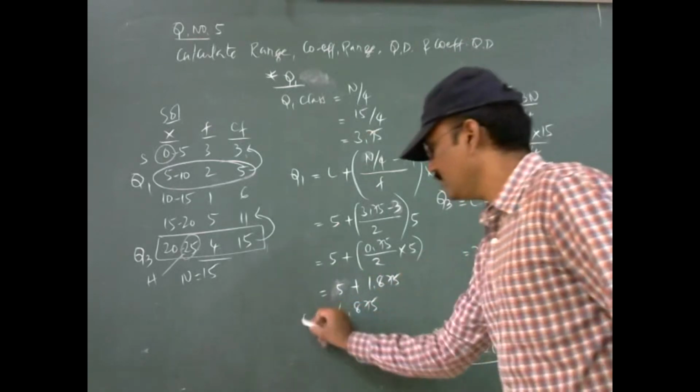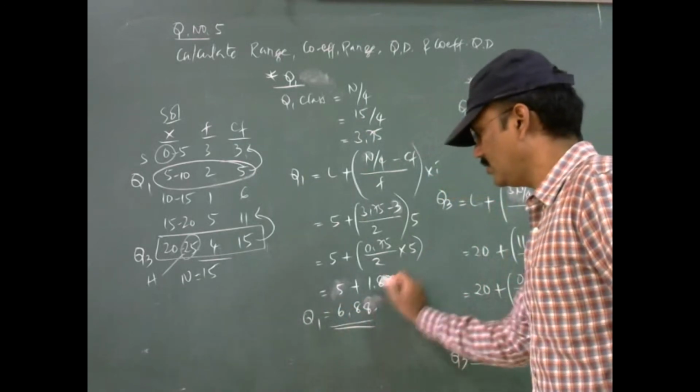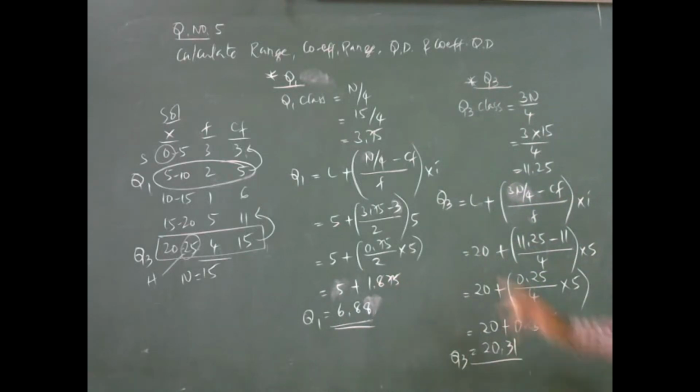So this was your Q1, right? I will take it rounded to 2 places, so Q1 is 6.88 and Q3 is 20.31.